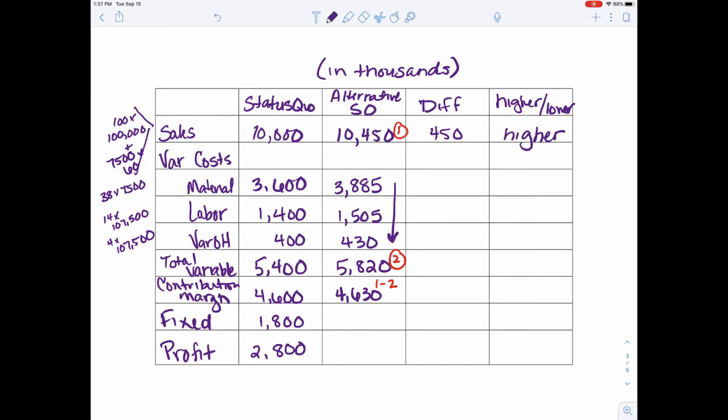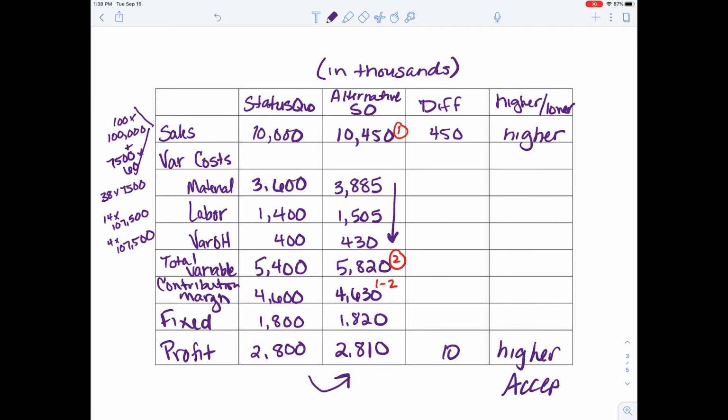Then I can bring in my fixed costs. Now remember, I needed to add an additional 20,000. So that's 1,820, giving me a profit of 2,810. The 4,630 minus the 1,820. Now I'm making money. I'm making an additional $10, which is higher.